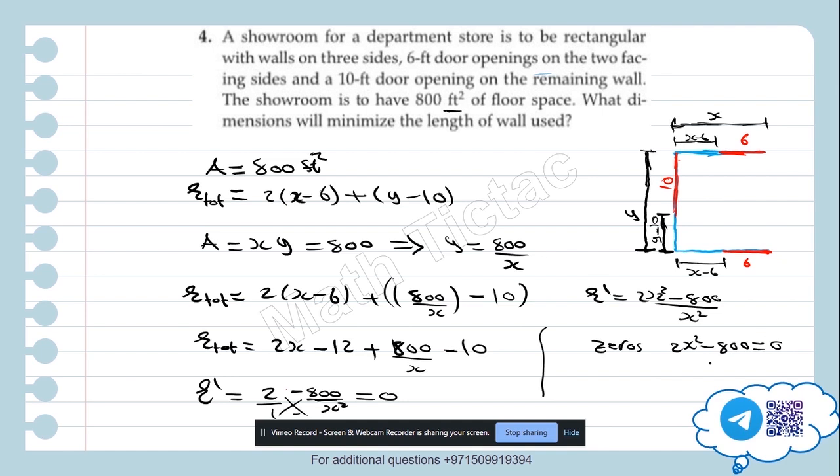After taking the 800 to this side and dividing by 2, we get 400, then we take the square root of 400, which is 20. So x is equal to positive or negative 20, because we are taking the square root of both sides, don't forget that.